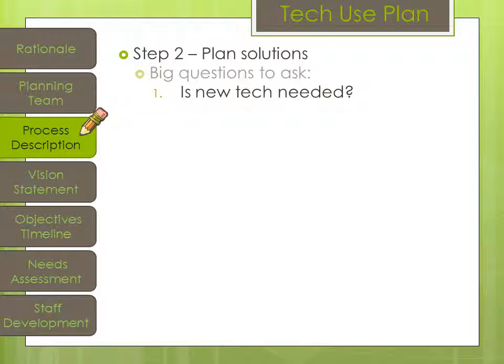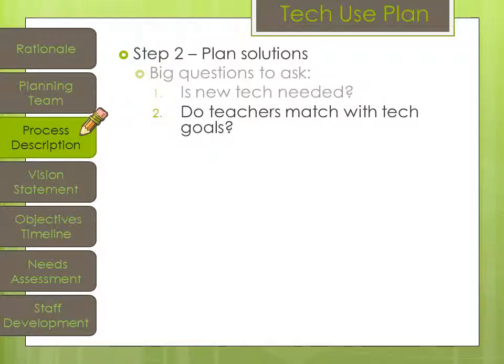Or do we actually already have the technology we needed or the staff available that can deal with that problem just in a new way without having to spend the resources just for something new and neat?